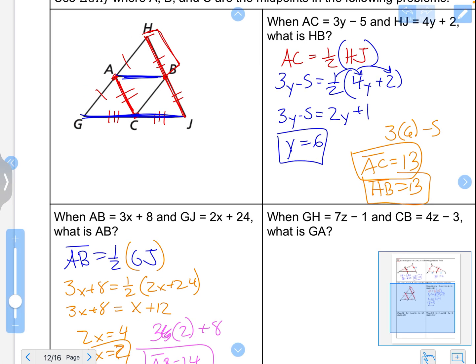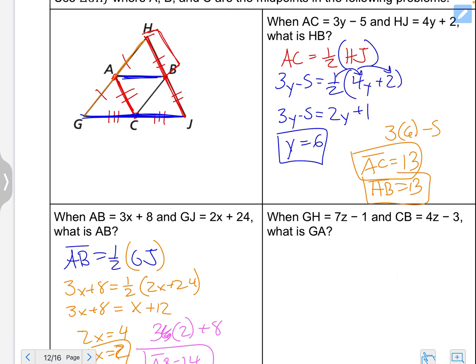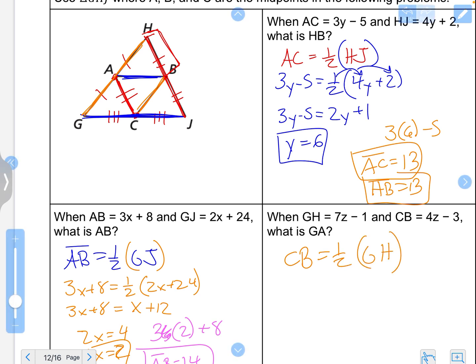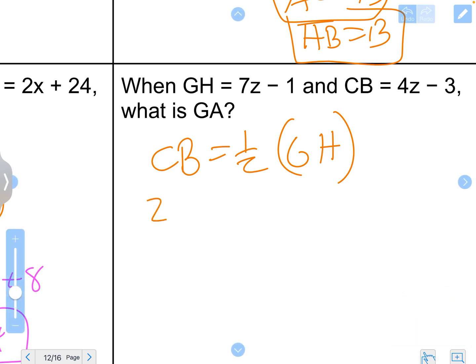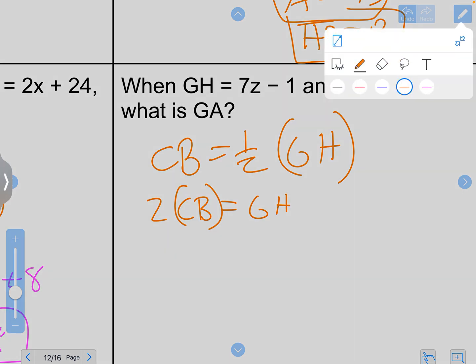All right, so our last one, GH and CB. So we know that CB is 1/2 GH. Now I'm going to real quickly remind us, we can also change our equation to look like this. And if we change our equation to look like this, the CB is what needs to go in because multiplying by 1/2, the opposite of it on the other side is multiply by 2.